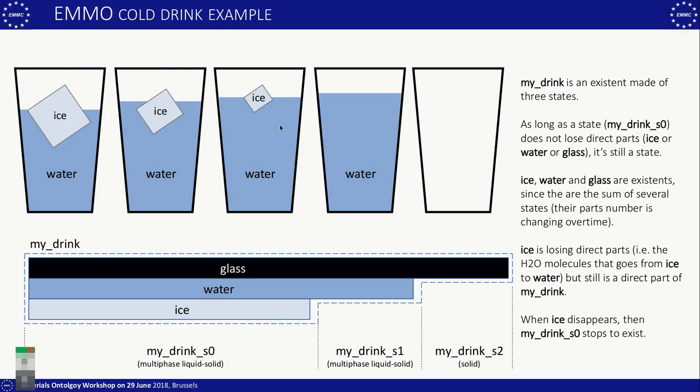But as soon as the ice is totally melted, then my drink is no more the same state. Okay, this is one state. This is another state. As long as the drink loses parts, it changes states. So this is the first state, the second state, and the last state. But overall, this is an existent.